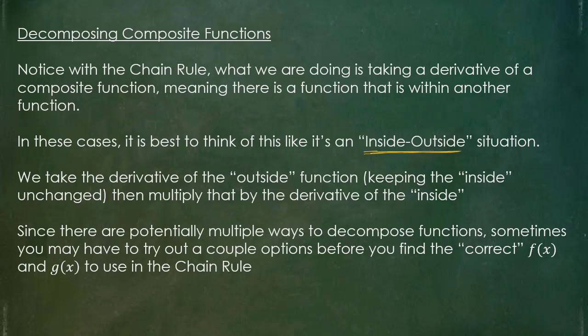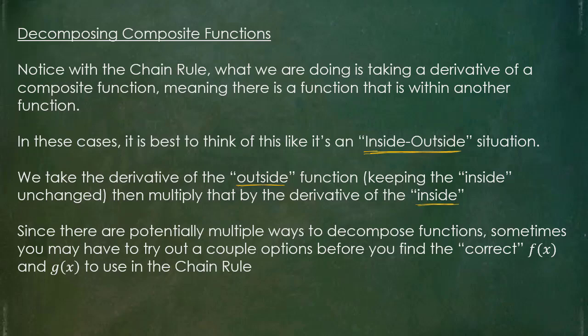When we take the derivative, as you can see from the formula on the previous slide, we take the derivative of the outside function first and leave the inside completely unchanged, and then multiply whatever that result is by the derivative of the inside part. So the chain rule will always essentially have a product when it's all said and done.